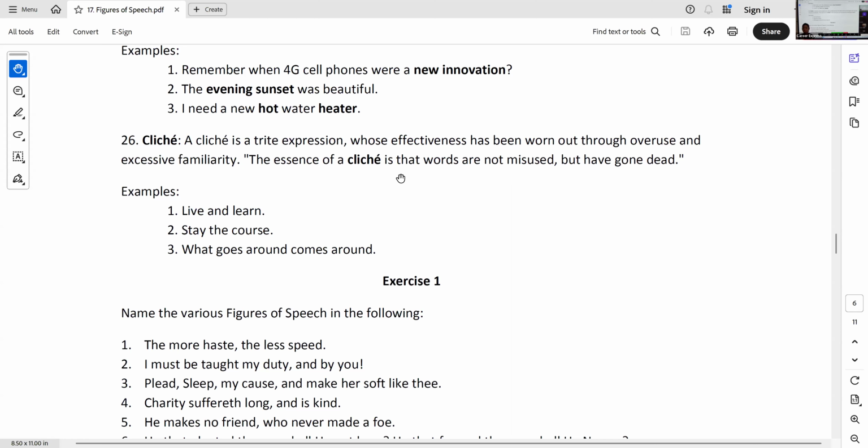Why? Because they are testing your knowledge of the language. They want to see whether you know that it is used as a proverb. So that is better use of your language rather than saying cliche. So if there's a choice between proverb and cliche and you know that this is a proverb, choose proverb or idiom. Right? It can also be called an idiom.